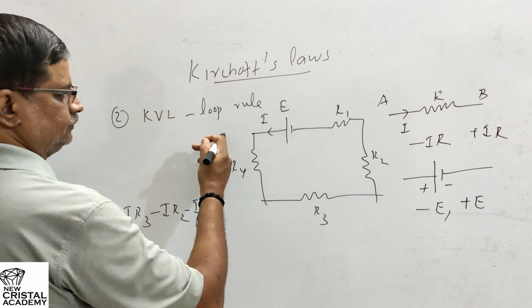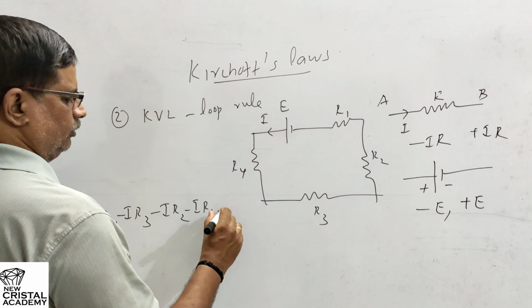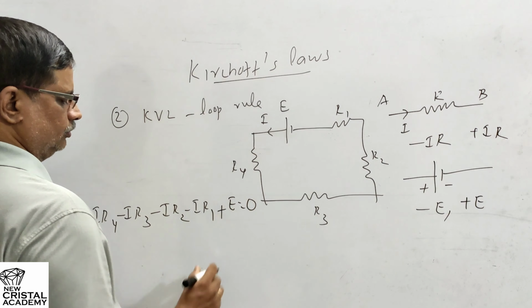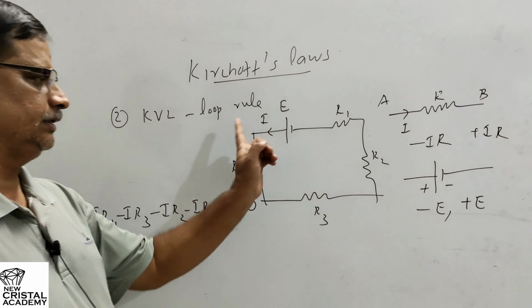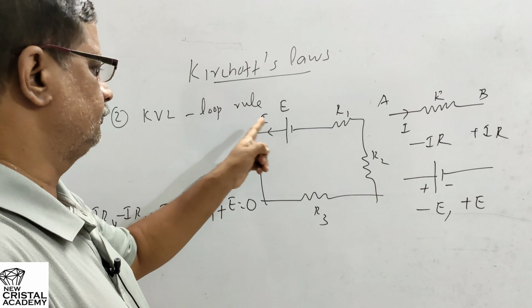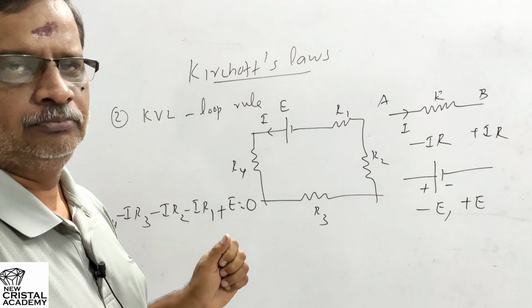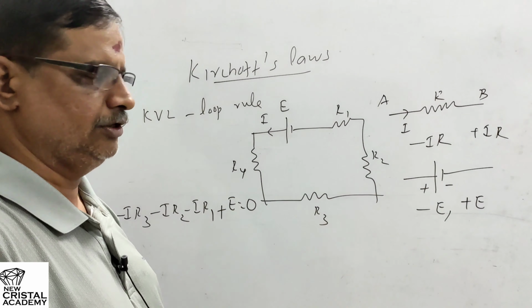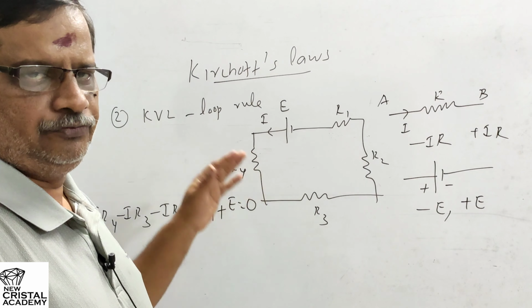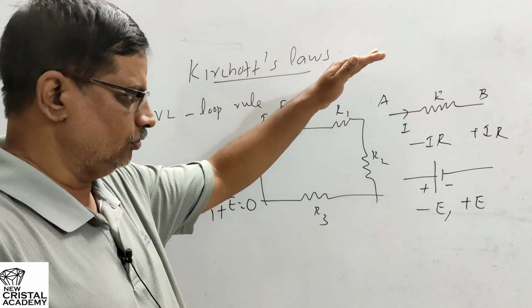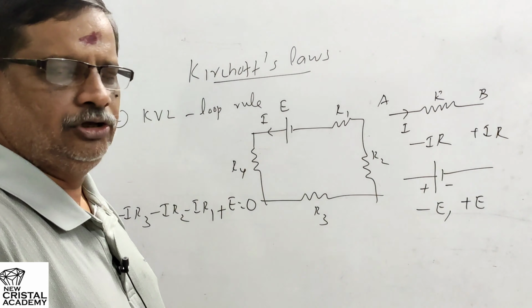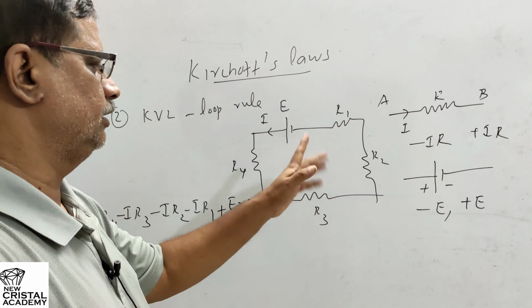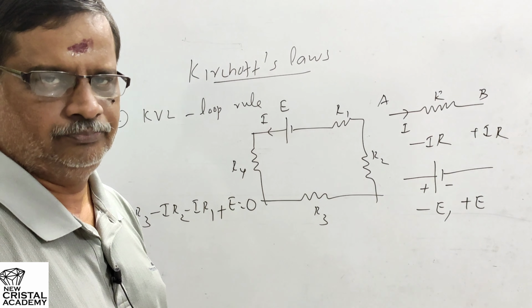Now I travel through the cell in the direction of increasing potential, plus E equal to 0. That is how we apply the sign convention and Kirchhoff's loop rule to this loop. Clear? So follow these sign conventions very closely. If you follow the rules that I have just now given, you will never commit a mistake while solving a circuit using Kirchhoff's second rule. Okay.